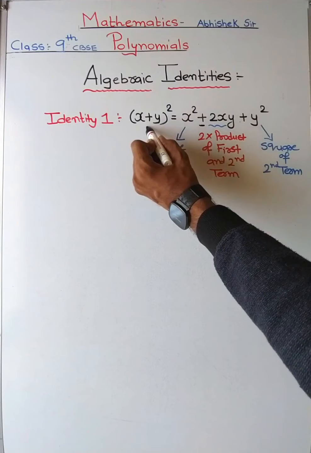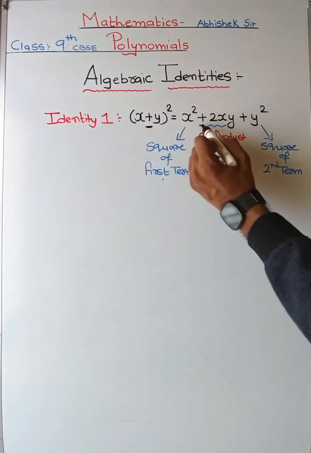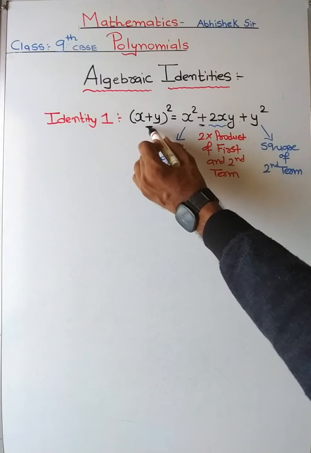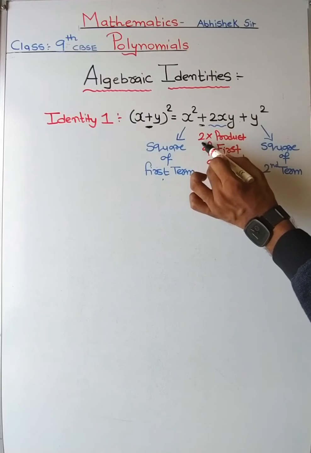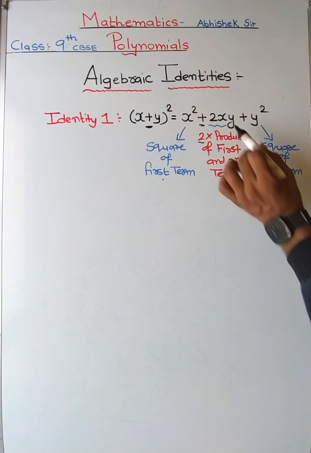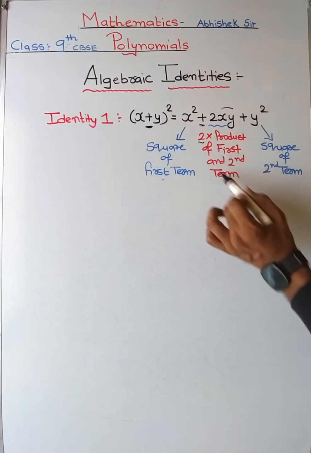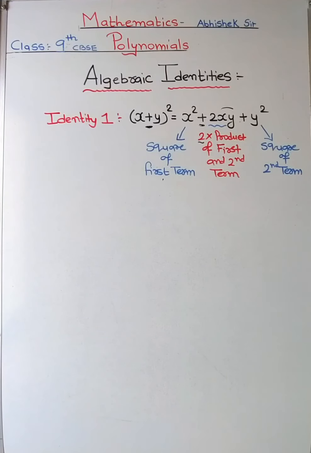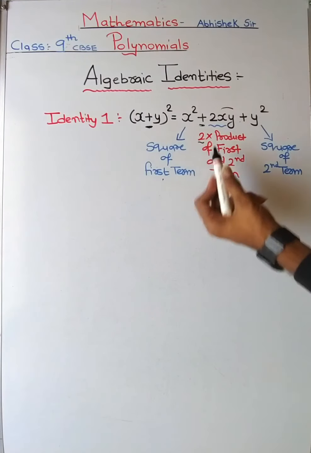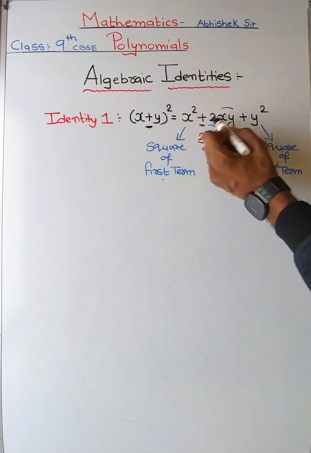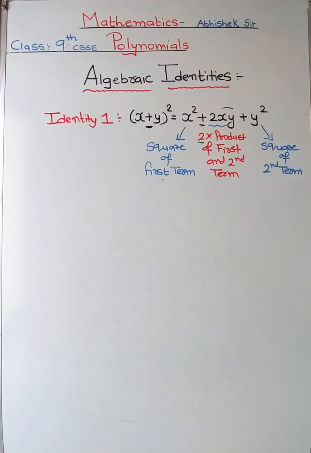We have to check over here: if we have plus, put plus; if we have minus, put minus. Then the 2 we have to keep, and xy will be the product of the first and second term. Clear? So square of first term x square, 2 into product of those two terms 2xy, plus square of the last term y square.